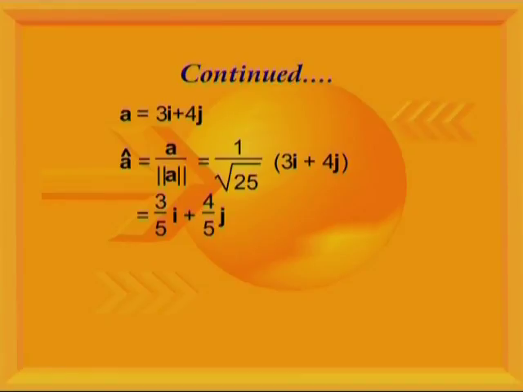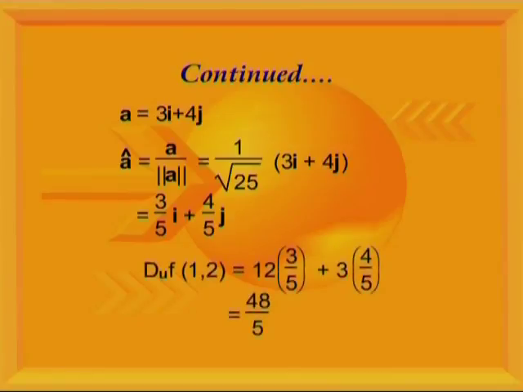And using our definition, the directional derivative of the function at the point (1, 2) in the direction of vector a is equal to 12 times 3/5 plus 3 times 4/5, which is equal to 48/5.